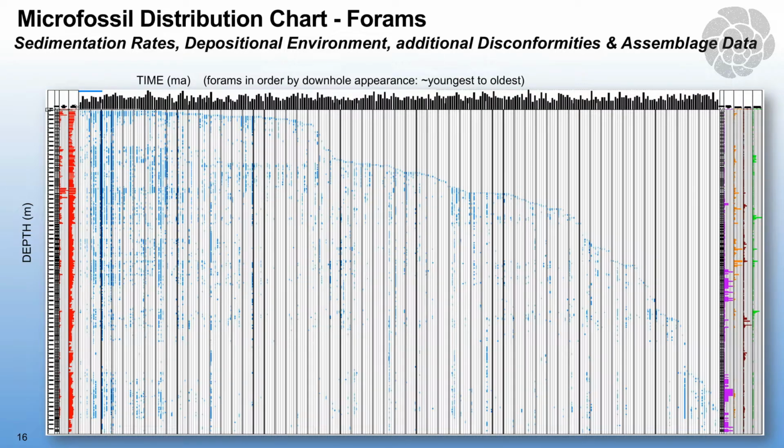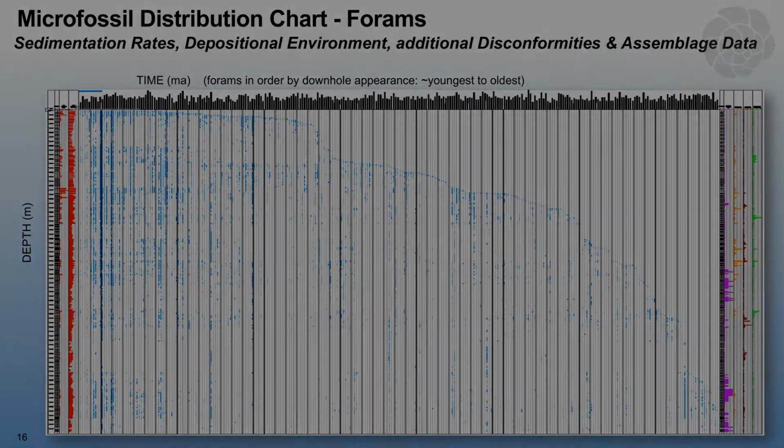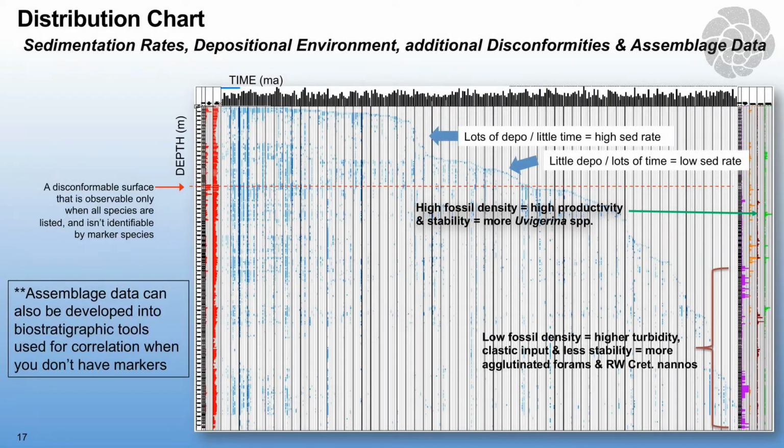These distribution charts can give you a general idea of sedimentation rate, depositional environment, and help you identify additional disconformities or unconformities that you might not be able to see on just a biostratigraphy chart. So a few things to point out on here regarding sedimentation rates.